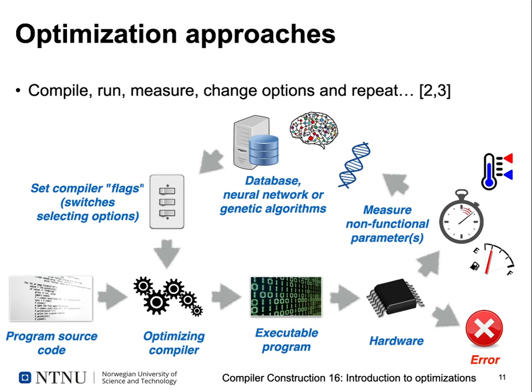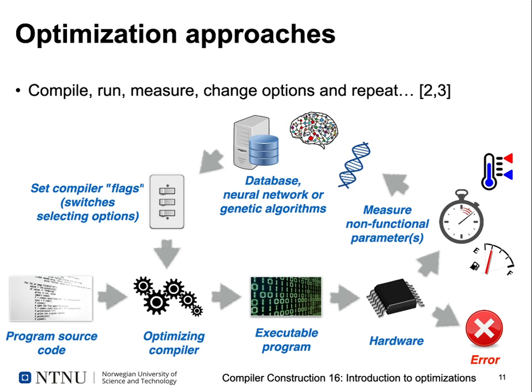So accordingly, the results of analyzing whatever our previous optimization switches achieved in terms of our non-functional parameters are put into a system which makes a decision to change some of the flags around, and then you can compile your code again in your optimizing compiler, execute it again, measure it again, until you're sick of it, or you reach a deadline that you have to deliver your program.